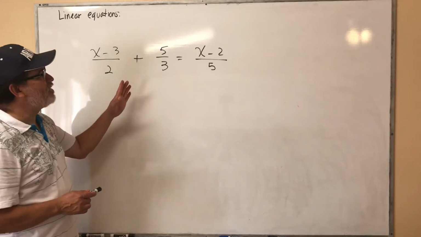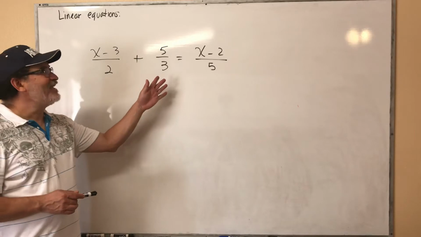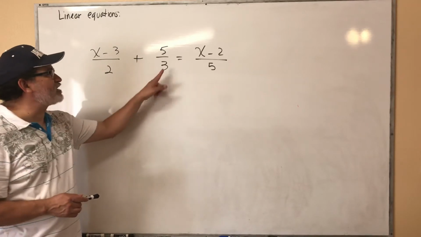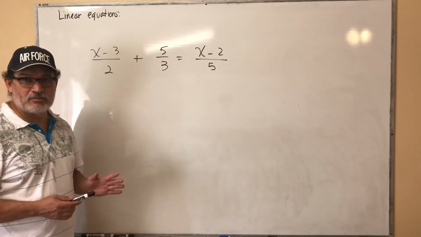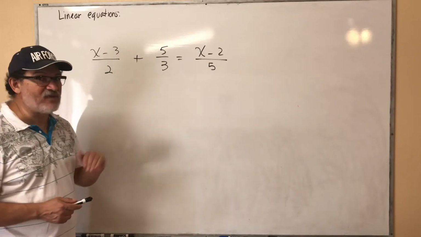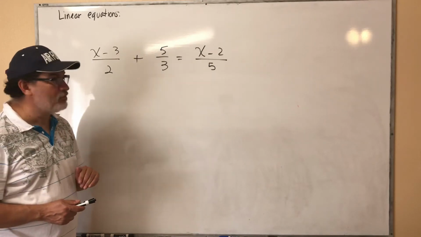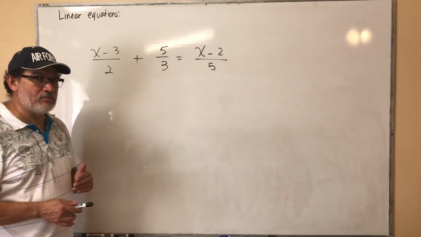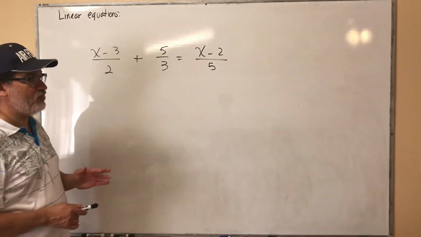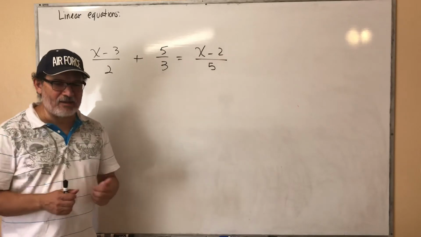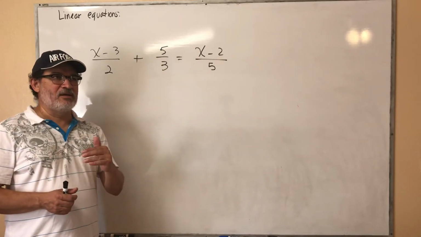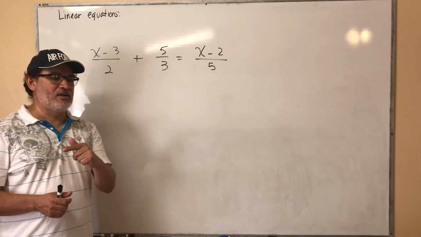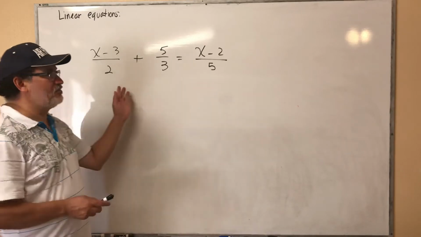The LCD, in this case, is 2 times 3 times 5. What's 2 times 3 times 5? 30. That's the LCD. In a few minutes, I'm going to make it more complicated so that you'll find the LCD. But this one is not too bad.